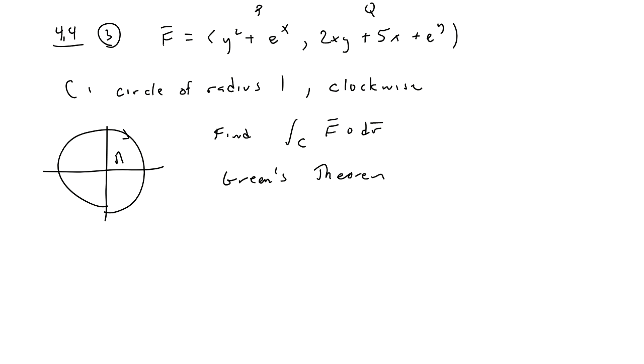And Green's theorem says if the path is closed, that this is equal to the double integral over the region R of q of x minus p of y, dy dx, dx dy, or whatever it's going to work out to be.